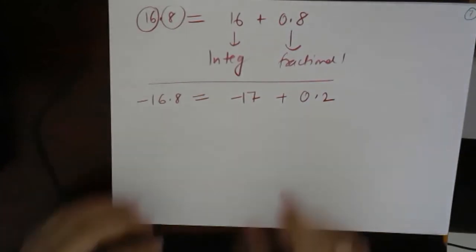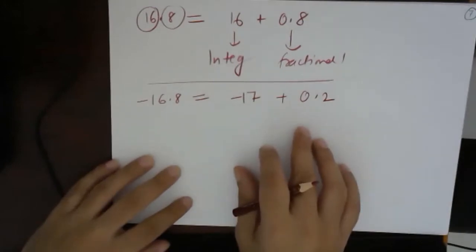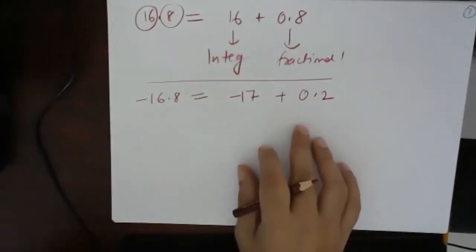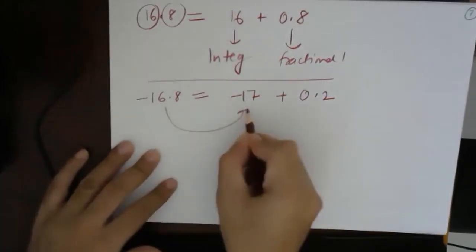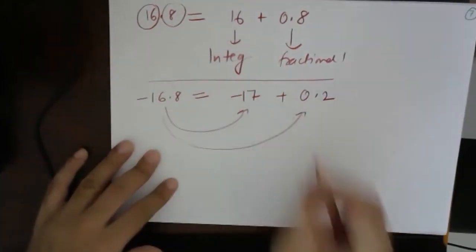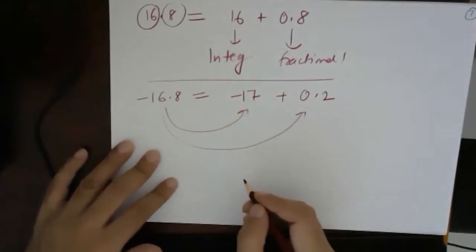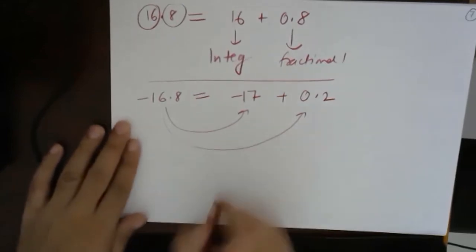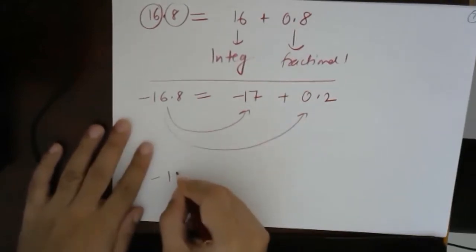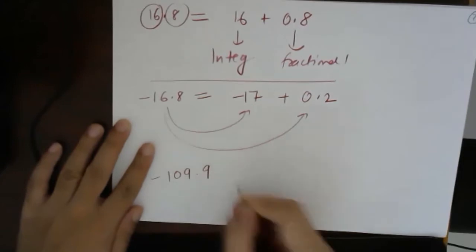Fine. Okay. Understood? So basically this becomes the integral part and this becomes the fractional part. Everybody understood? Fine. Suppose one more example, the last example I'm taking, minus 109.9.